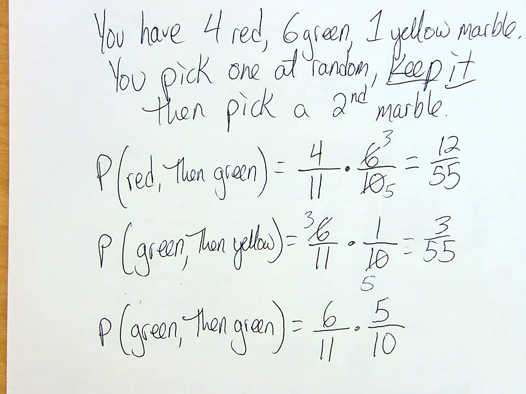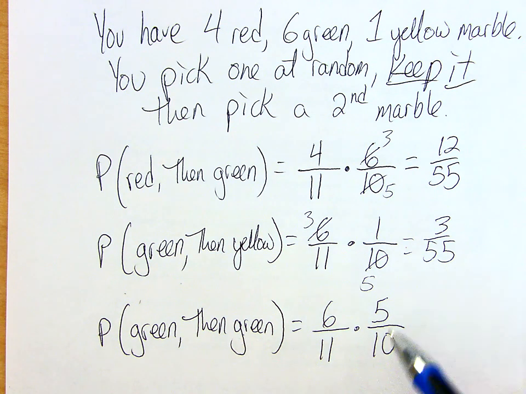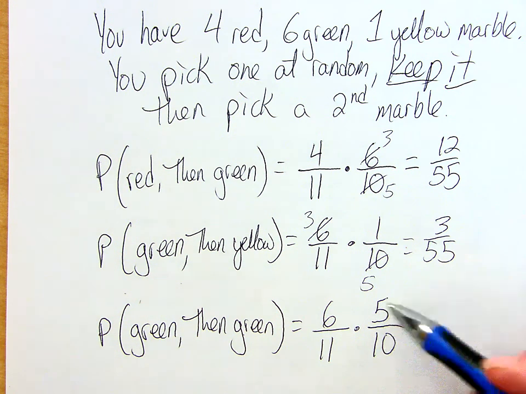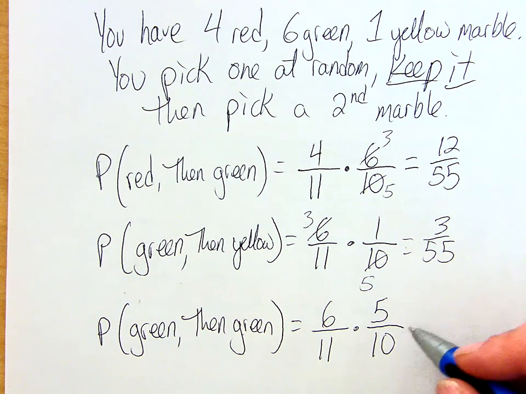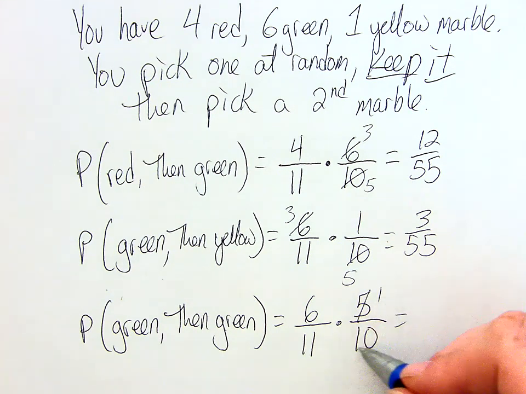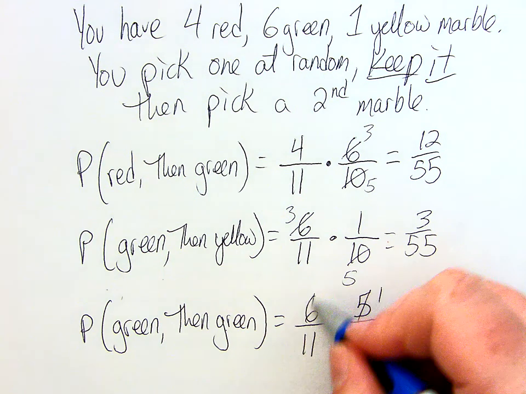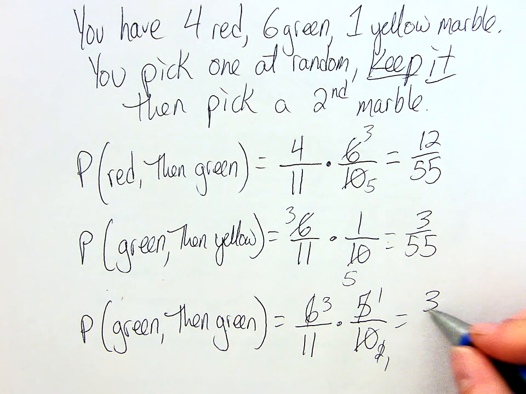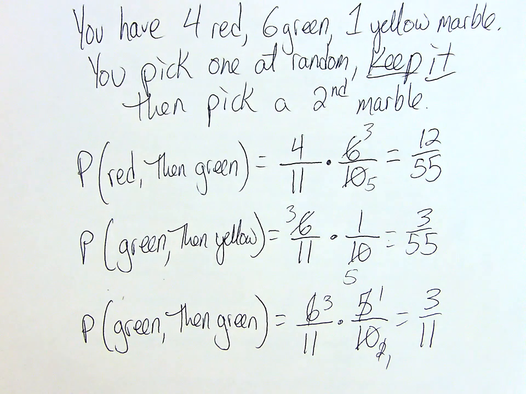Are you with me? When you go to pick another green, there's one less green and one less in the total. Now I can multiply straight across, but I prefer to reduce first. 3 over 11 would be my final answer.